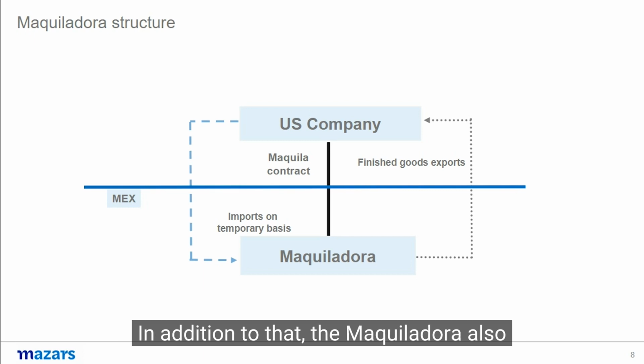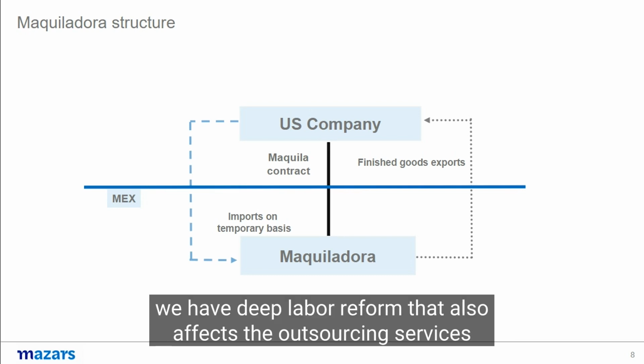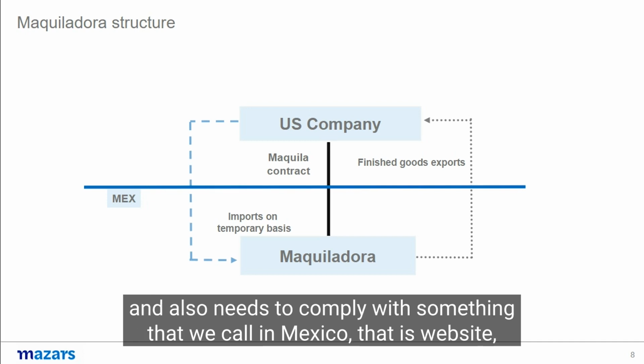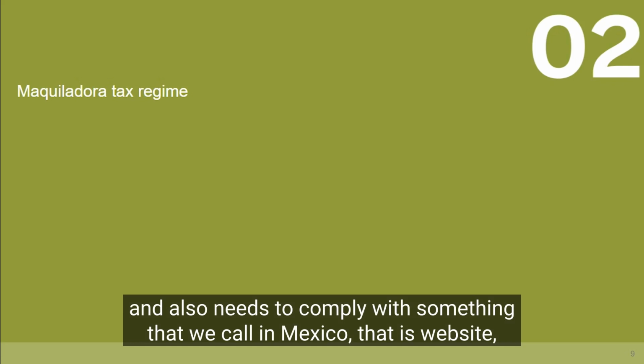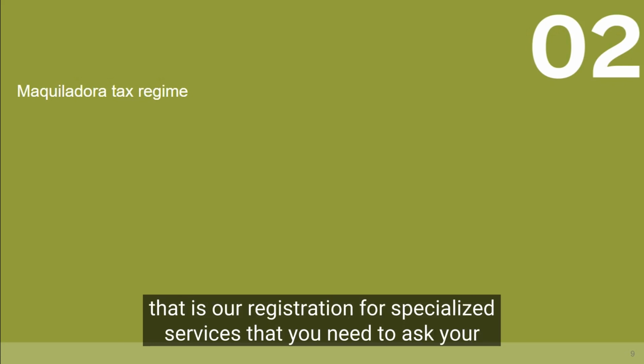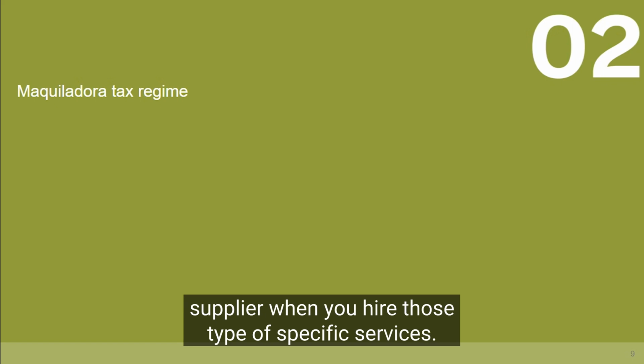In addition to that, the labor reform also affects the outsourcing services, and the Maquiladora also needs to comply with something that we call in Mexico REPSE, that is a registration for specialized services that you need to ask your supplier when you hire those types of specific services.